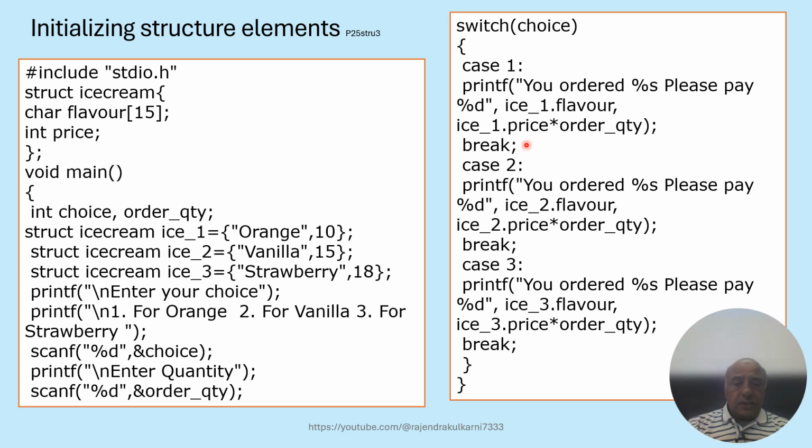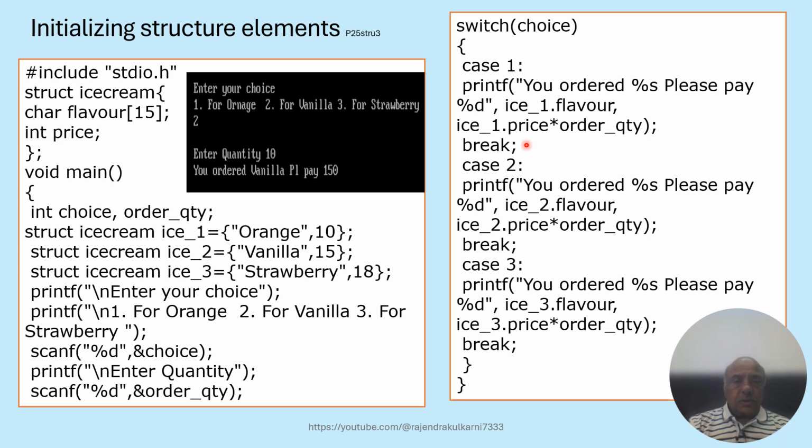So when I ran this program, I got this output, which this screenshot shows. Enter your choice. This is the prompt from the program. 1 for orange, 2 for vanilla, 3 for strawberry. I entered 2 as my choice, which stands for vanilla. Then it asked me to enter the quantity.